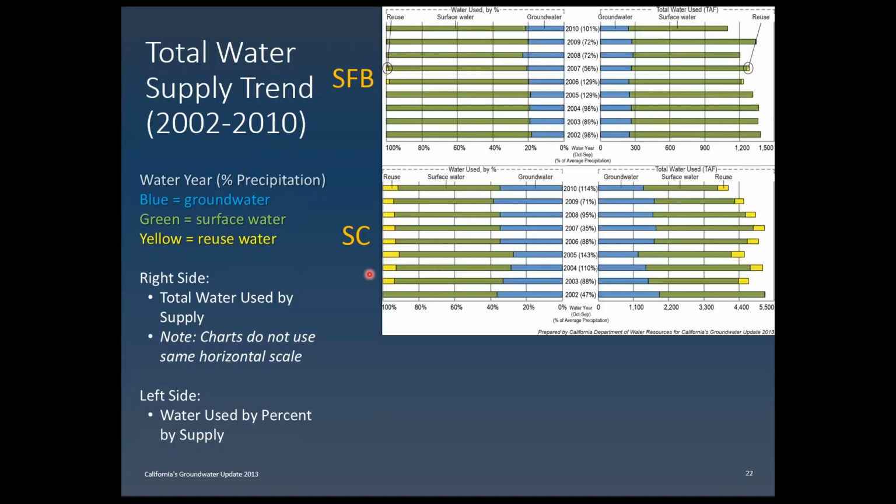But their surface water supply seems pretty consistent. You can say that their surface water is hindered when there is less precip, and it's made up with groundwater. And their ratio of groundwater to surface water is roughly twice what it is in the San Francisco Bay Area.